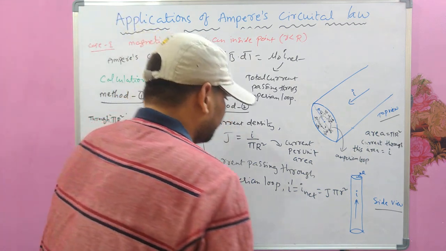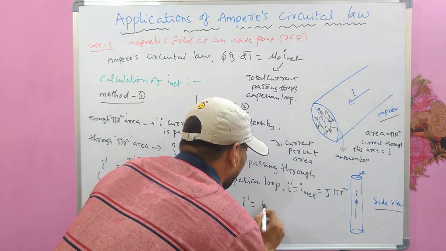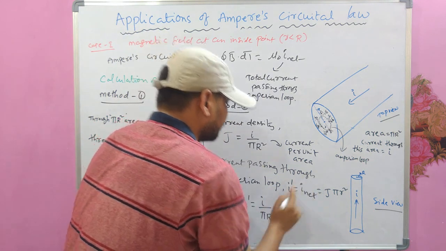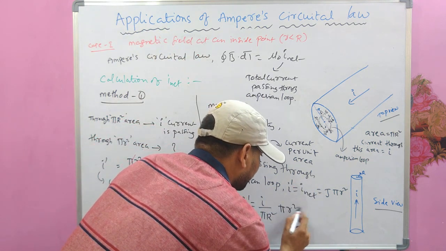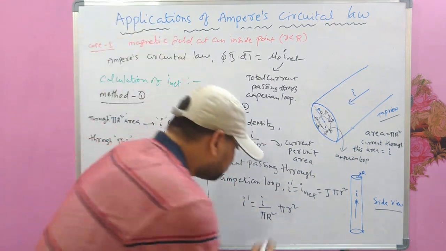So I prime is equal to J into pi r square, where J is I by pi r square, into pi r square, and we cancel this pi and this pi.